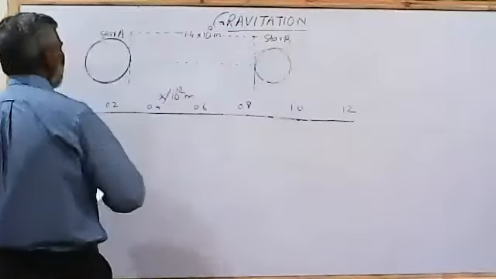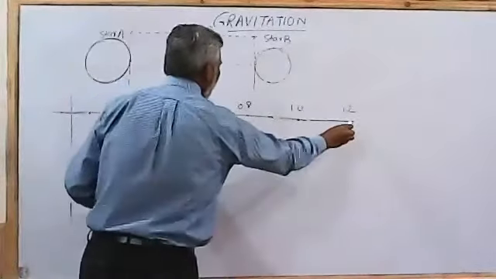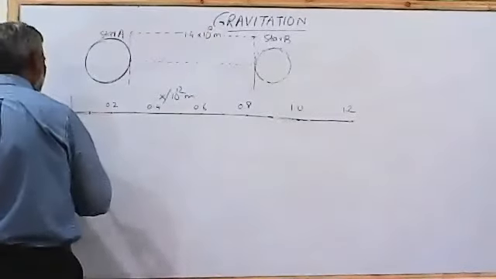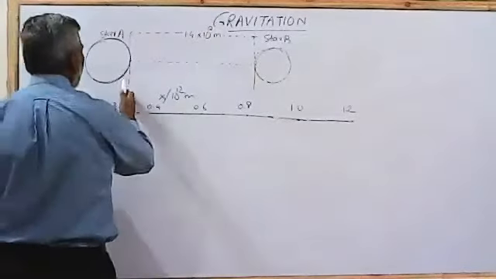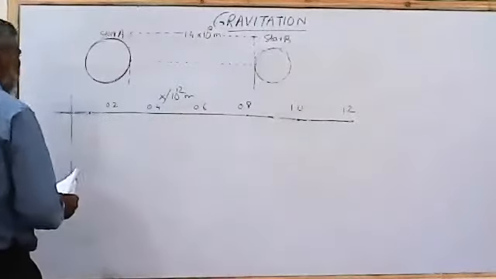This is actually the total distance between the two. At 1.2, starting from here, we actually start from this to reach the surface of this planet.